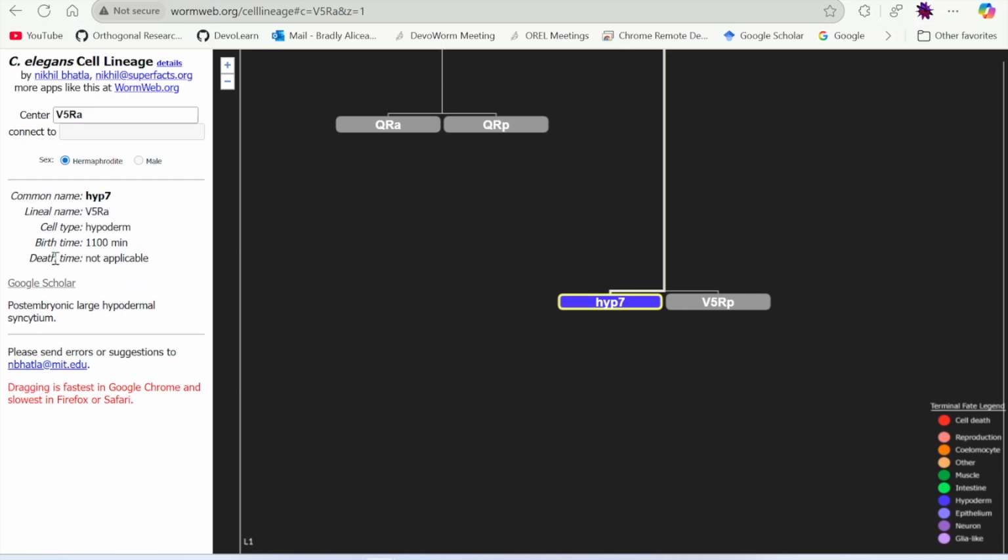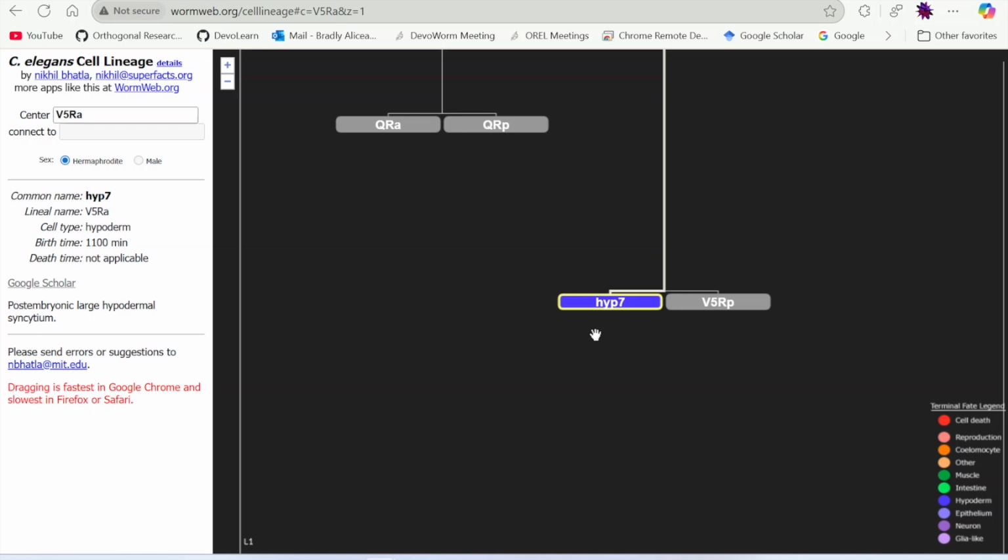It's born at 1100 minutes, which is post-embryonic, and then it's terminally differentiated into this hypoderm, and it then has this additional lineage trajectory where it fuses with other cells in Hyp6 and Hyp7 in that class. So that's how they represent this.